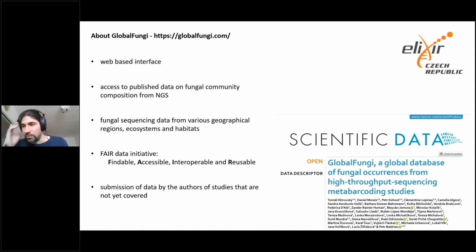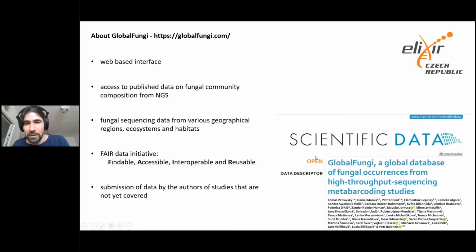We also created an online submission system, so everybody who publishes some new data describing some fungal community can submit the data and the study to the GlobalFungi database, and in the next release probably their data will be included.